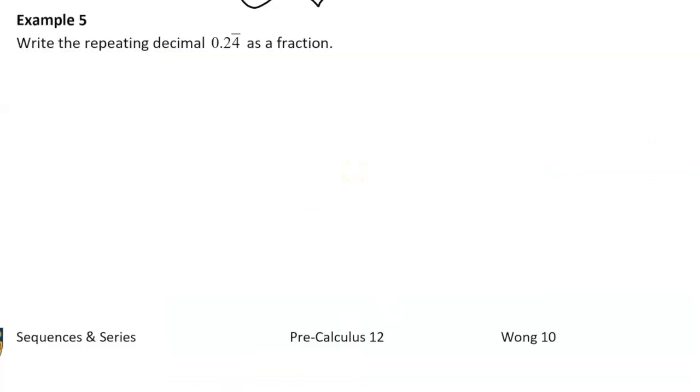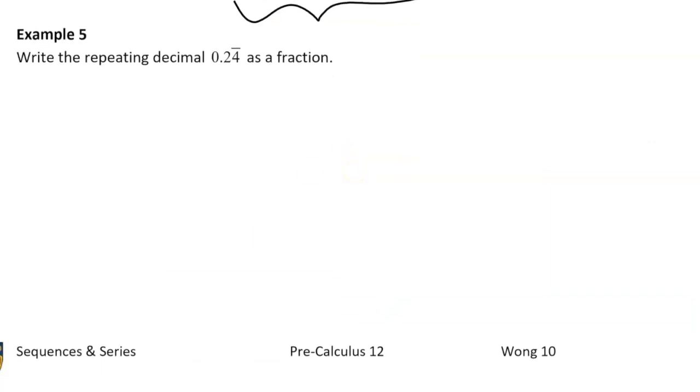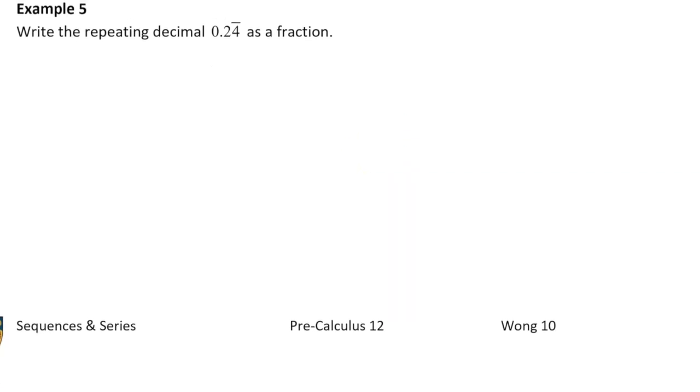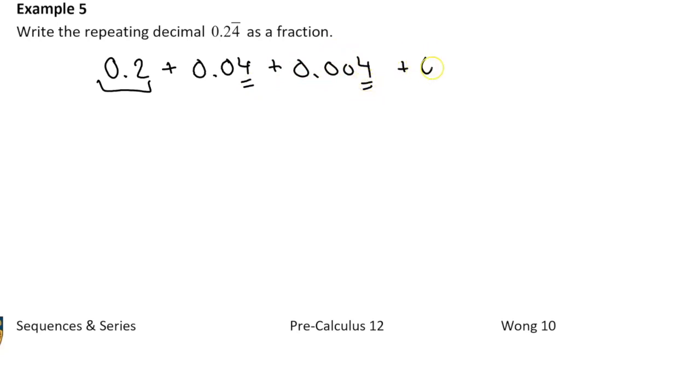So what does that mean? What would we be able to say for something like this? 0.2 is separate from the rest of this. And we're saying the 4s are going to repeat. So from there, you're going to have a 4 there, and then a 4 here, and then a 4 here, and so on.